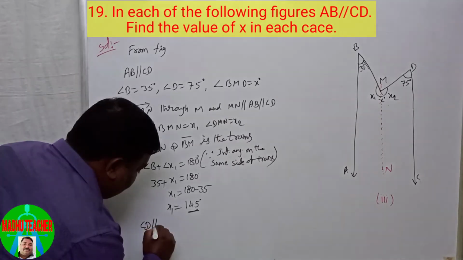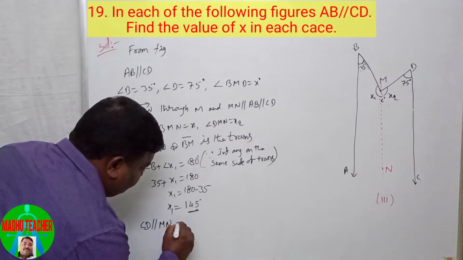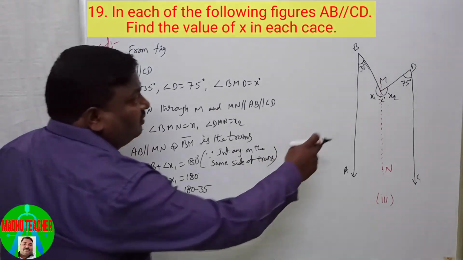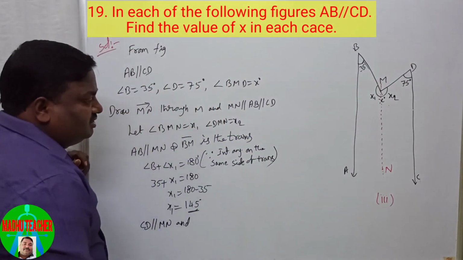Next, taking CD parallel to MN, and MD is the transversal.